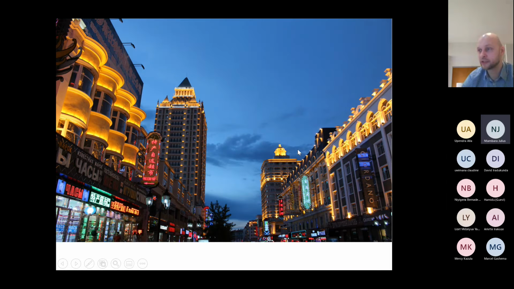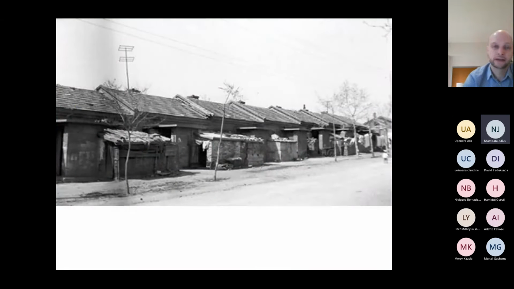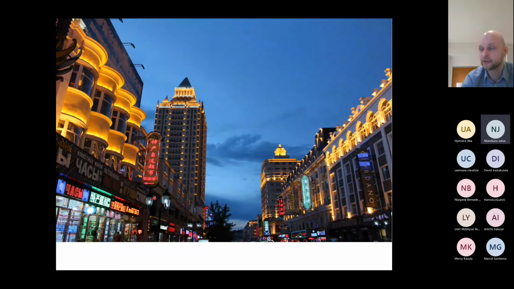Now it is a blooming city with skyscrapers, with 5-star hotels, with hotel chains like Shangri-La, one of the most luxury hotel chains in Asia. So here it is on this lake bank. Village to the modern city. This kind of jump was made in 30 years.